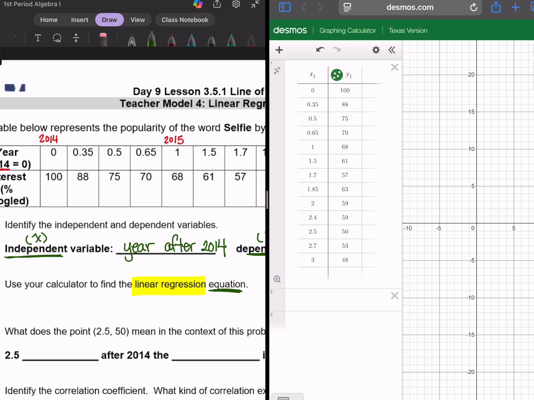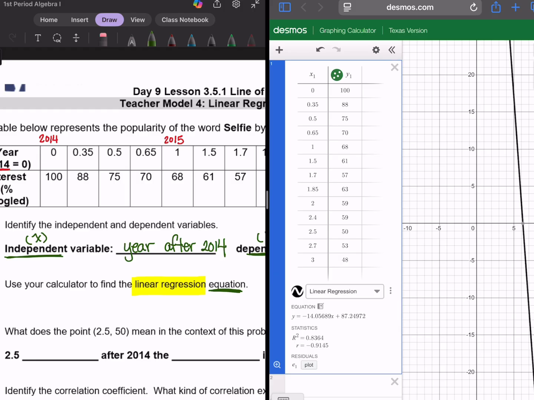All right, now that you have paused the video and typed in your table, let's actually find the equation. You see this little magic button right up here on the upper left-hand corner with the 4 dots in a line? Click on it, and it's going to give you the equation.